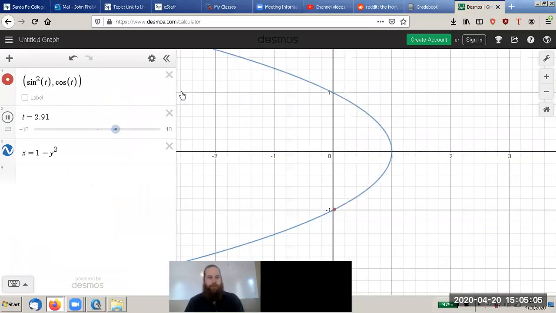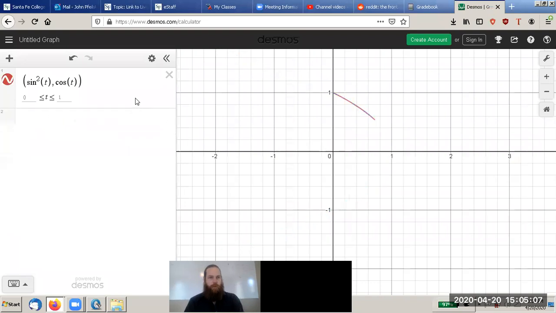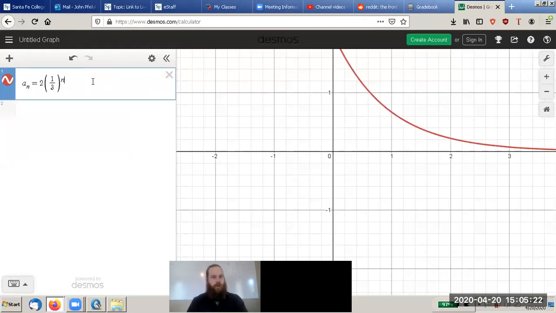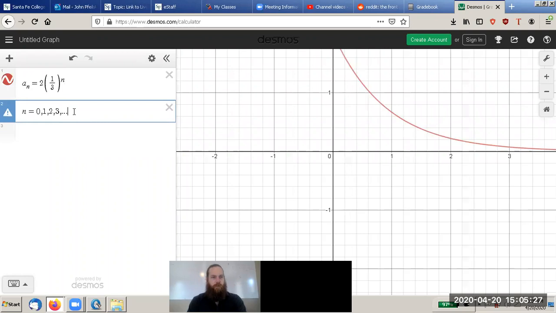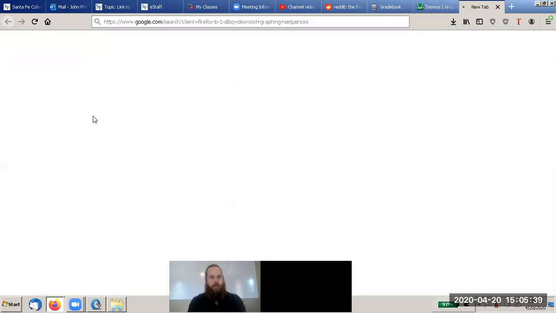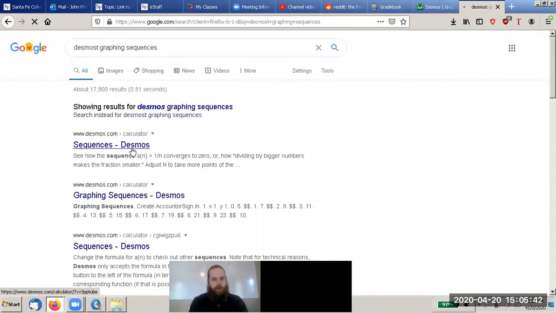Now, Desmos, I believe, is capable of playing nice with sequences. So let's graph this guy. And it's going to graph n as a, yeah, I don't know if it's capable of interpreting a variable as a, let's see.